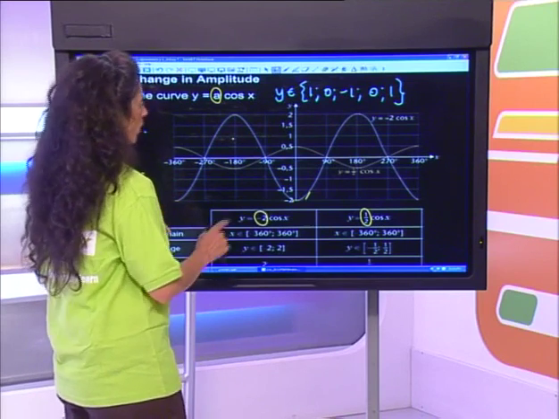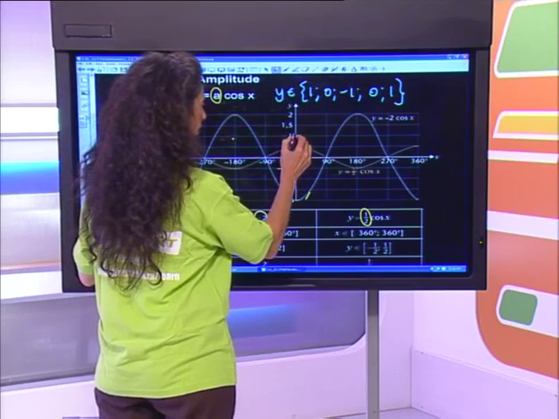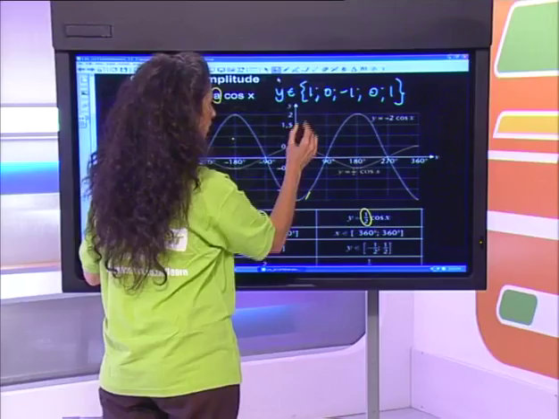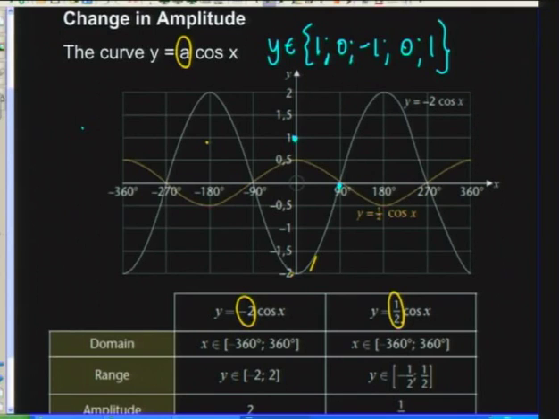Now notice that the parent graph of cos, let's do it in blue, would start at 1, then go to 0, then go down to a minimum, back to 0, and over there. So your parent graph of cos does that, and it takes 360 degrees for us to start repeating the cycle.